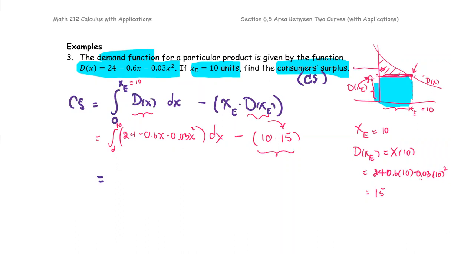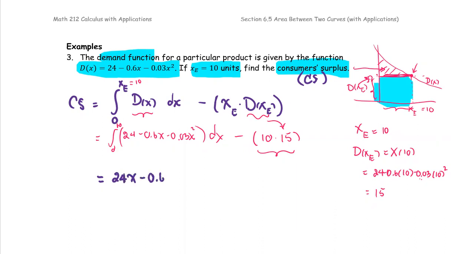Whatever the number is, that is the consumer surplus, or the value that the consumer will save based on this information. For the first term, we use the constant rule and get 24 times x.